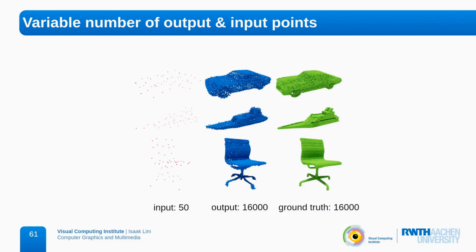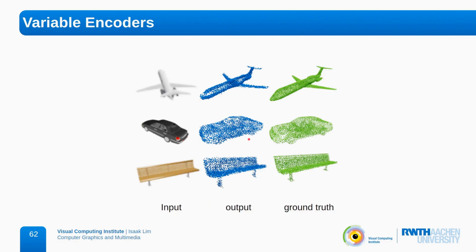We are also variable in the number of input points, so here you can see a very extreme case of upsampling, where as input on test set examples, we just have 50 points in our point cloud, and then are able to approximate the ground truth fairly well with just 50 input points. Indeed, we are not restricted to geometric data in terms of point clouds as the input.